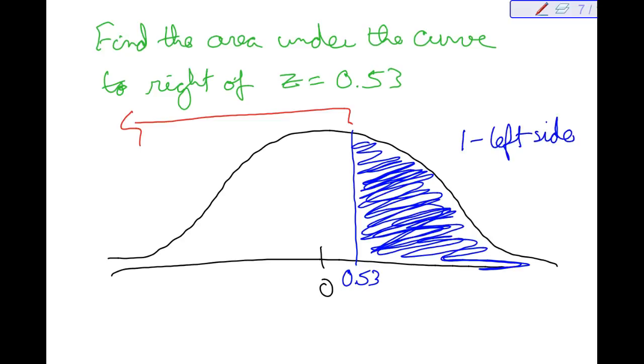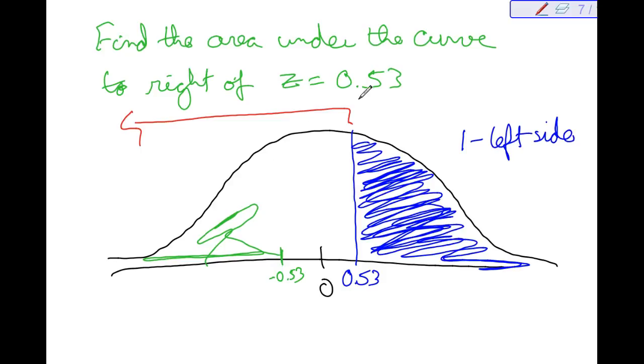Or you can also remember that this graph is symmetric. So this portion is the exact same as if I were to look up a negative 0.53 over here. Okay? Because this side would be the same as this. You can do it either way. I'll show you that they both give you the same answer.